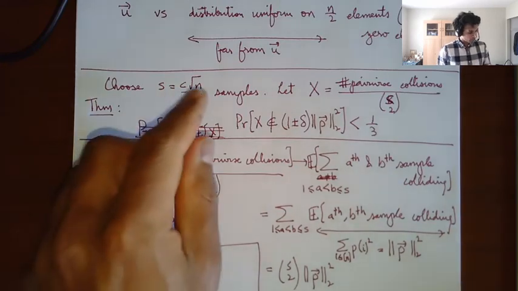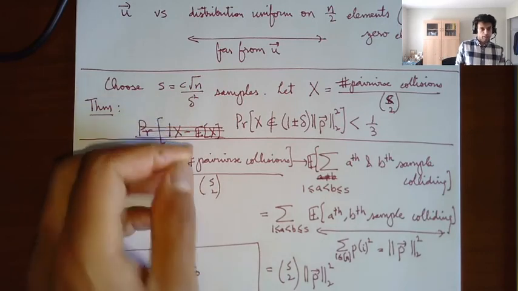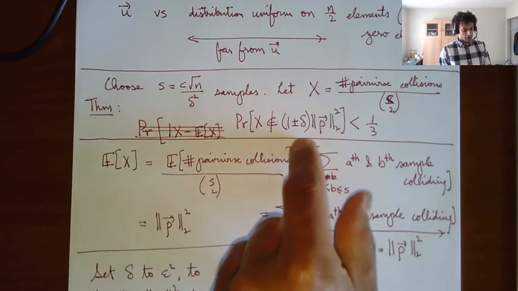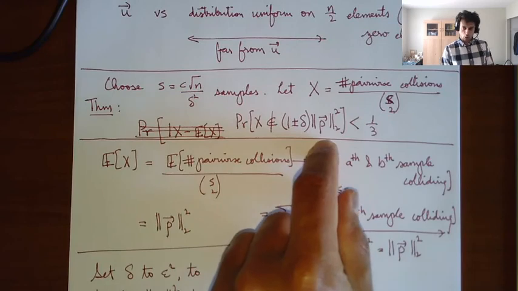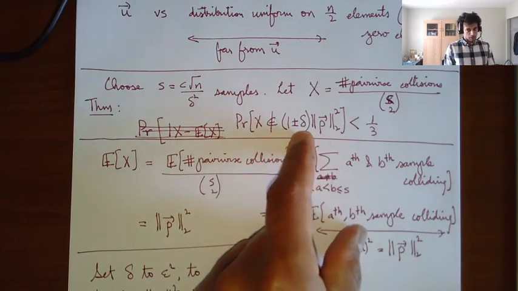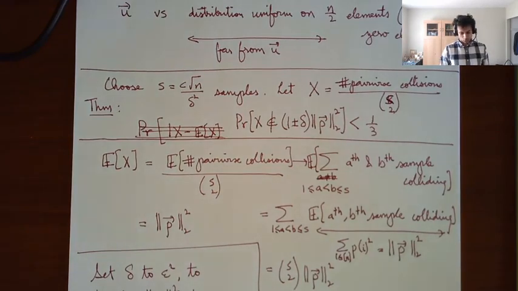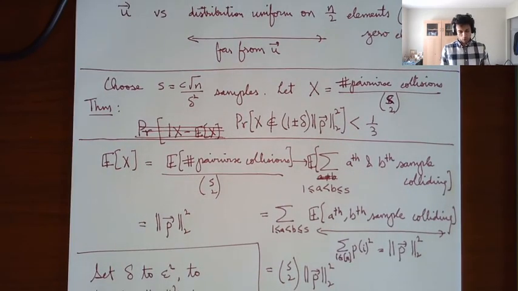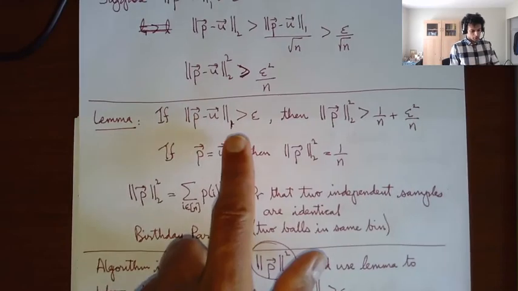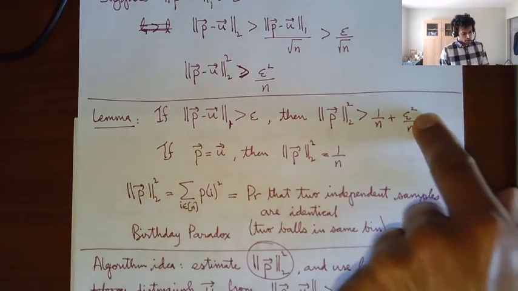And this analysis is where we'll get the root n from. The epsilon to the fourth we get because we have a delta squared to estimate the 2 norm squared, or the 2 norm up to 1 plus or minus delta accuracy. And the delta that we need to set is epsilon squared, and that's what we get from the previous analysis, from the lemma that we used, where the total variation was related to the 2 norm squared, with an epsilon squared over there.